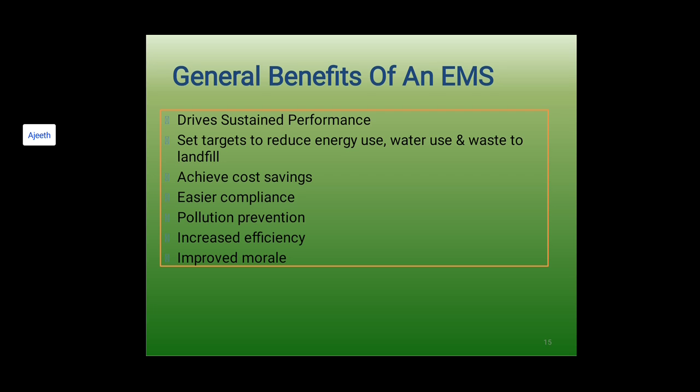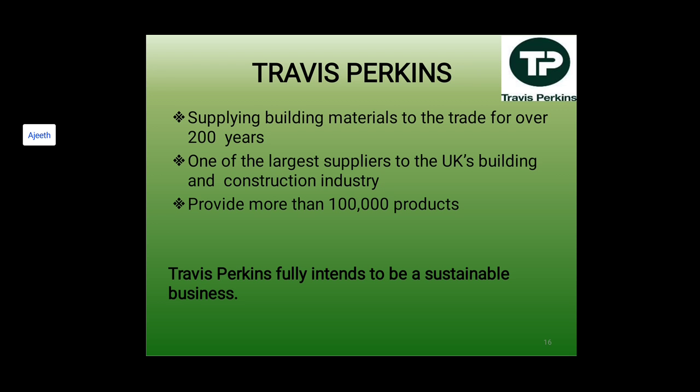It drives sustained performance so that we can reach sustainable development, sets targets to reduce energy use, water use, waste to landfill, and achieves cost saving. Also, it is easier for compliance because there are fewer legal activities which could breach. Pollution could be prevented, right? Increased efficiency and improved morale or ethics.